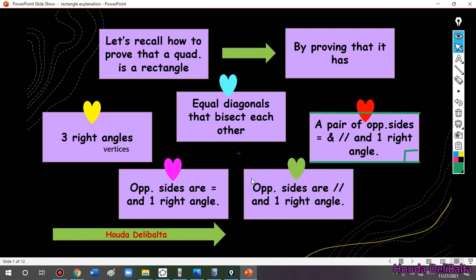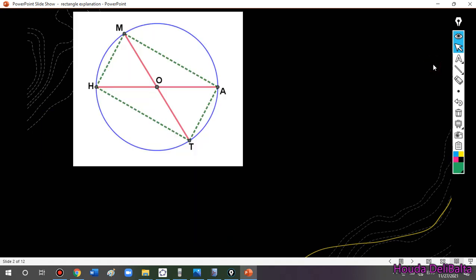Also, I can choose the same opposite sides and prove them parallel and one right angle. Every time I need to have a right angle. So that's about the ideas to how to prove a rectangle, and let's get started by the first example.